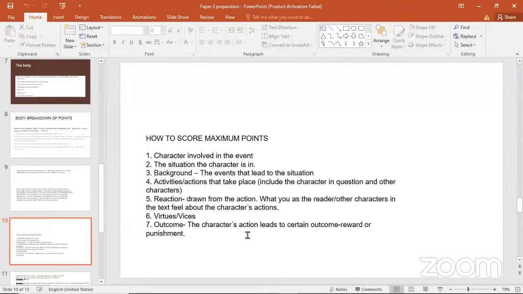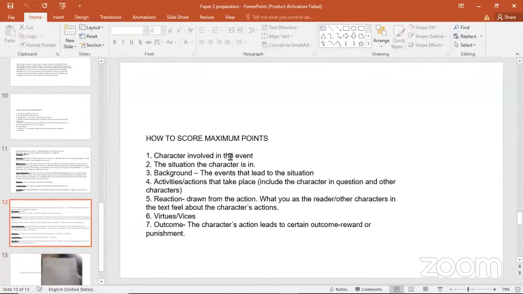So if you miss out on your clincher, however well you have done your illustrations, you might not score the maximum 3 points. If you don't illustrate well, you might miss out on another point. So it's important to go step by step. That's why I've broken it down this way.